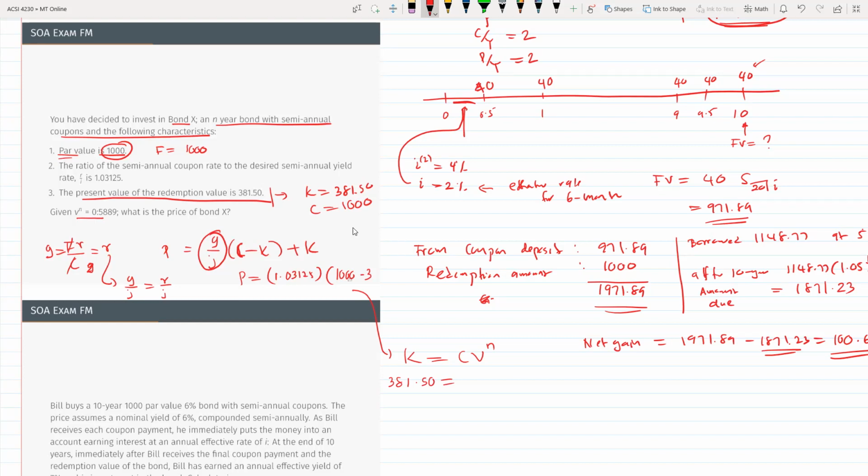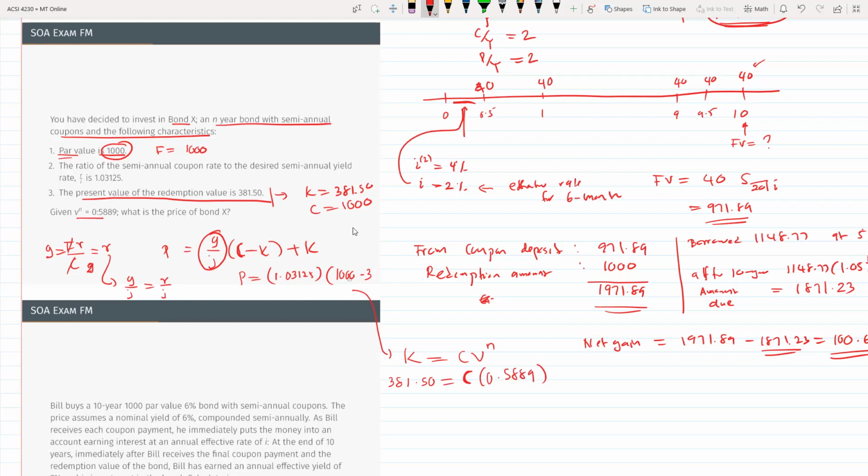You have to be careful. They didn't mention it's a par value bond. It just said the par value. So face value is 1,000, but maybe it's not a par value bond, so maybe F is not the same as C. Let's try it. I know K is here, then Vn is given, 0.5889.